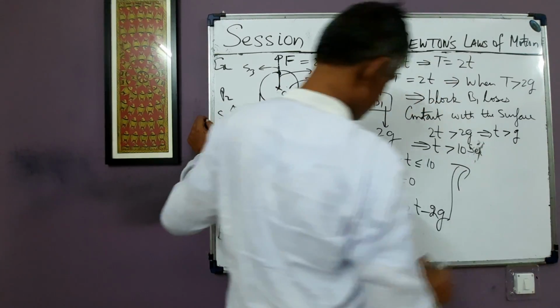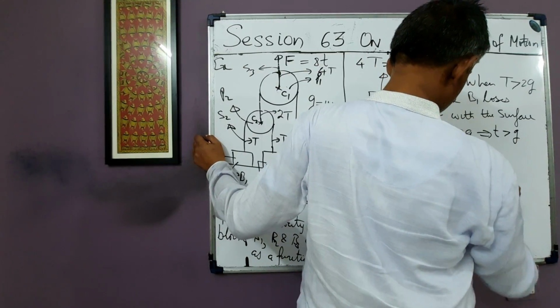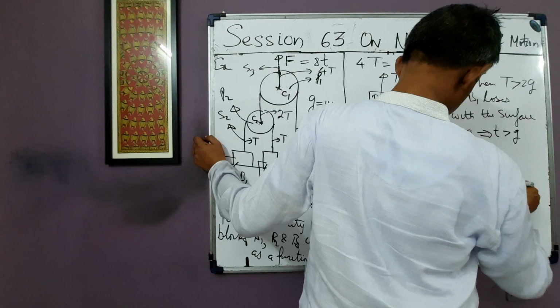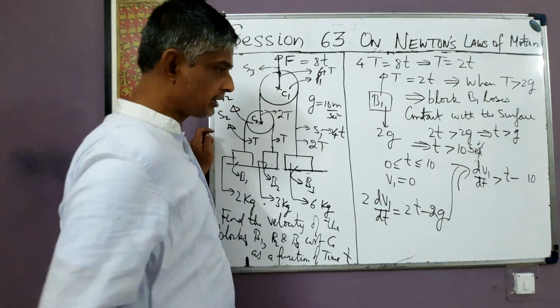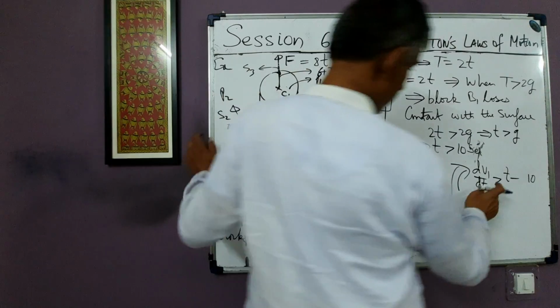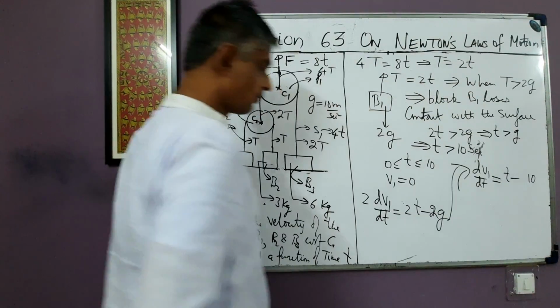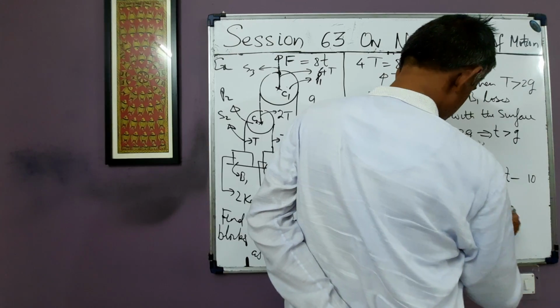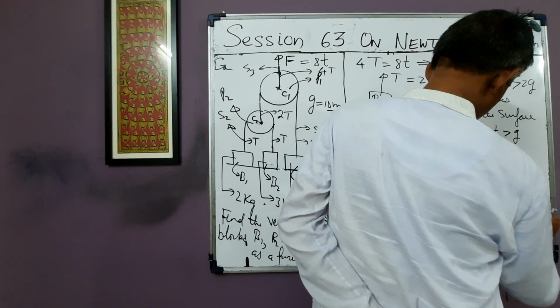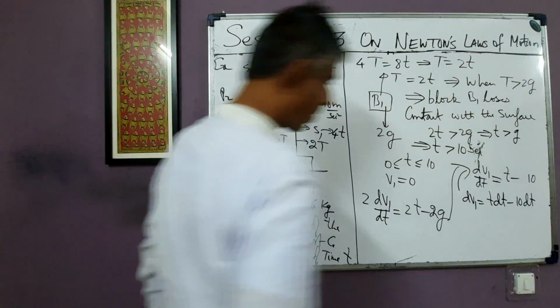So this means dv1 by dt is equal to t minus 10, where g I replaced by 10. Okay, 2 cancels out. I shift dt that side: t dt minus 10 dt.